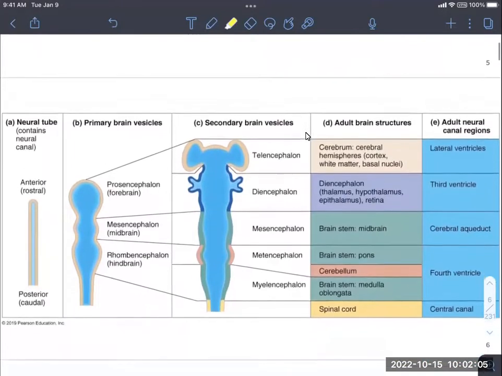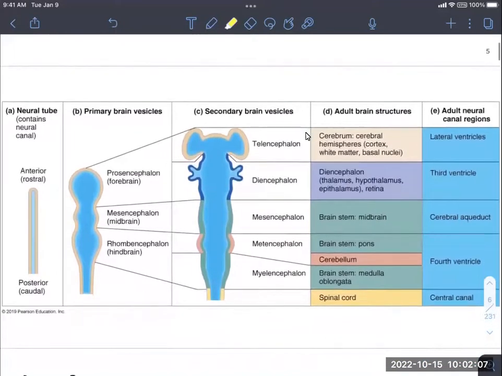So here's the picture of all of this happening. We start in picture A with that neural tube. It starts out as a straight tube that starts to turn into the proencephalon, the mesencephalon, and the rhombencephalon. That proencephalon divides further to that telencephalon and the diencephalon.